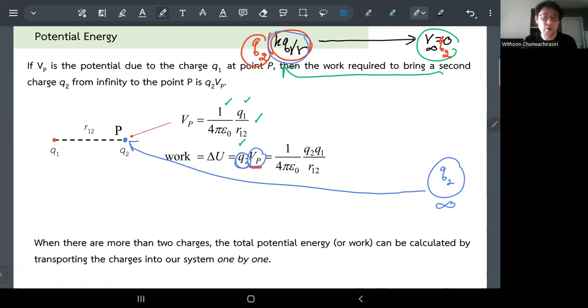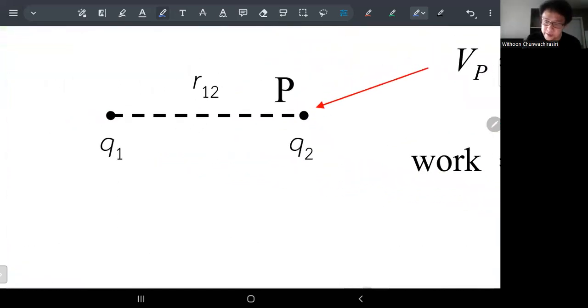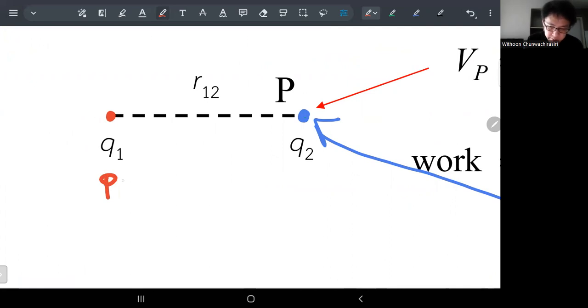So why do we care so much about this? That's the question. Is it too much of the thing to discuss? But no, think about this. Imagine this: if this Q1 is a proton, let's say, and the Q2 that you bring in is an electron, see what you're doing?